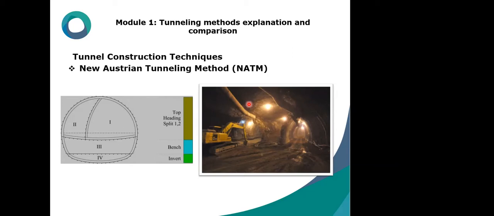In this method, excavation of the tunnel section is aligned with geotechnical monitoring. This method surely has advantages and disadvantages. One of the most important things about this method is that excavation of the tunnel section is accompanied by continuous monitoring. We're going to explain why it is useful.